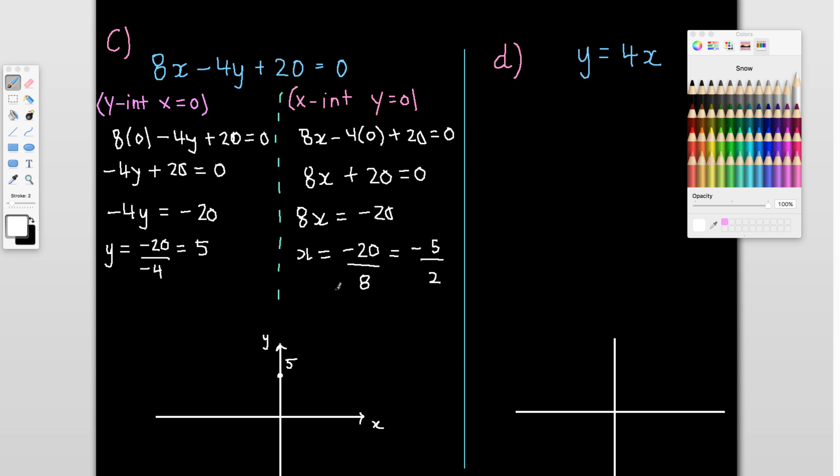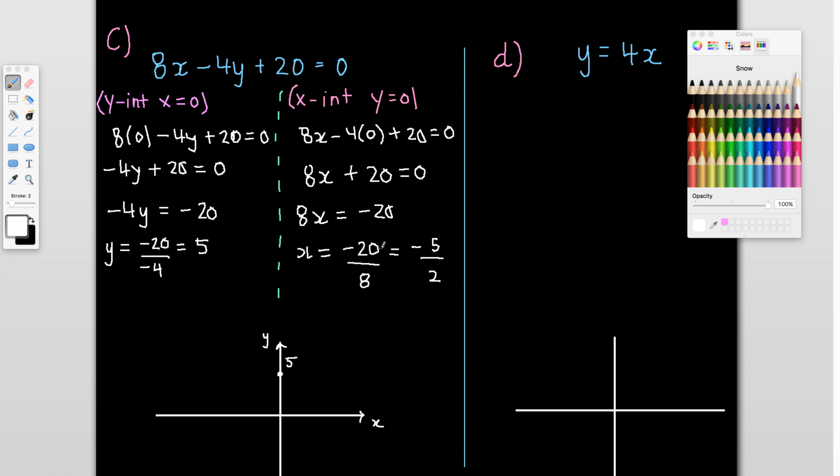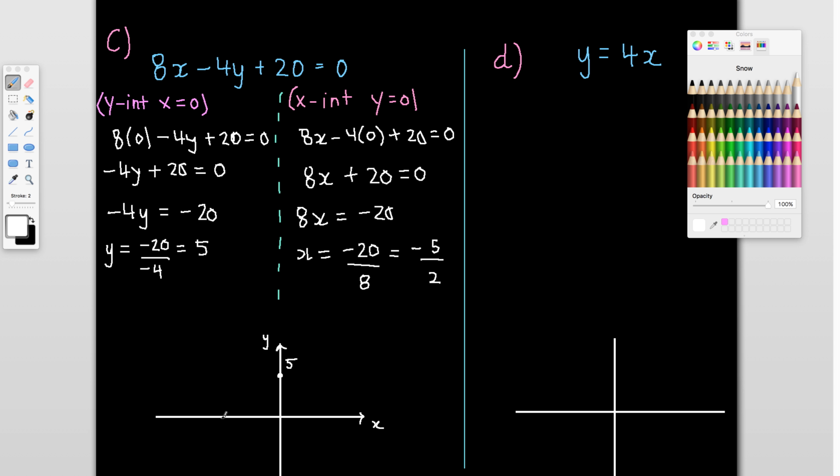All right, so negative 5 on 2 is going to happen on this negative side. So negative 5 on 2, we just have to mark it. You see I don't bother putting a long-winded scale down or anything like that. I just need to clearly show the 2 points. So you just need to mark them anywhere on the axis, really. Just make sure it's on the correct side of the axes, positive or negative side, of course.